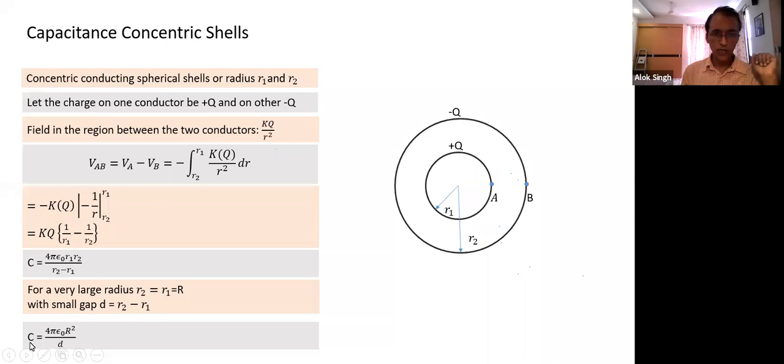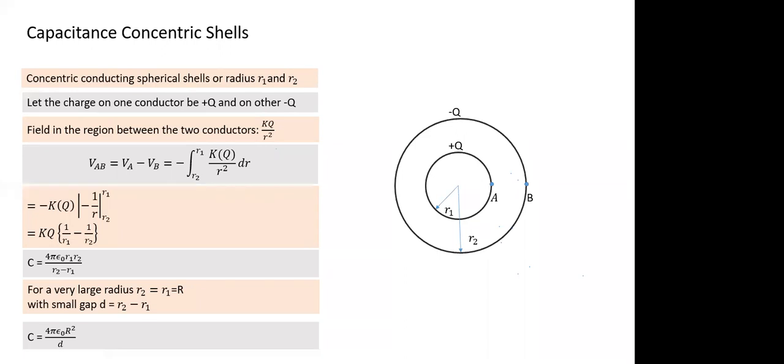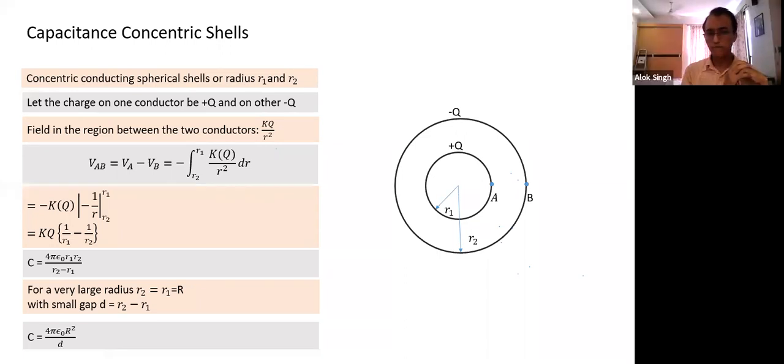Does this expression look something similar to what we have seen before? What is 4 pi R square? Area, surface area. A epsilon naught by D. Yes, same expression. So is it very surprising that the expression comes out equal to A epsilon naught by D? Actually not. Very large spherical shells, if the radius becomes large, become like two parallel plates.